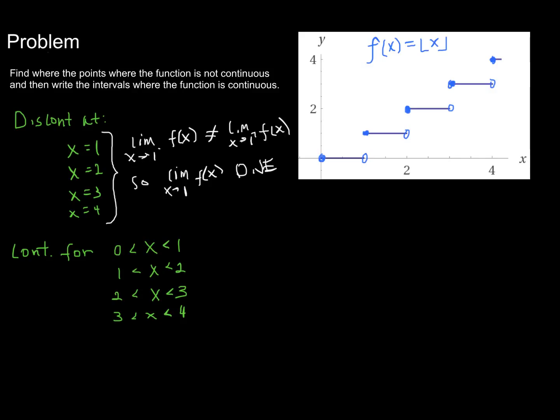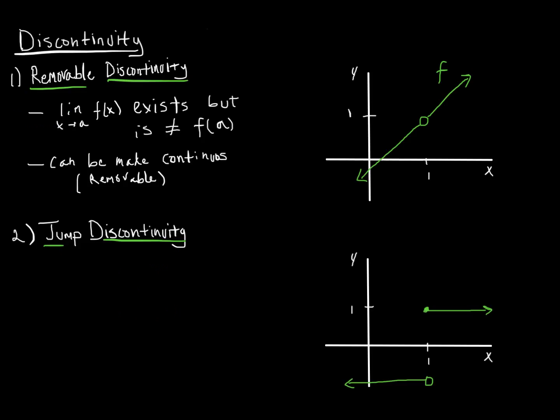And it's pretty clear that between 0 and 1, any value greater than 0 but less than 1, that's going to be the case. And greater than 1 but less than 2, greater than 2 but less than 3, greater than 3 but less than 4. This should be fairly straightforward. If it's going to be continuous on an interval, it needs to be continuous at every single point within that interval.